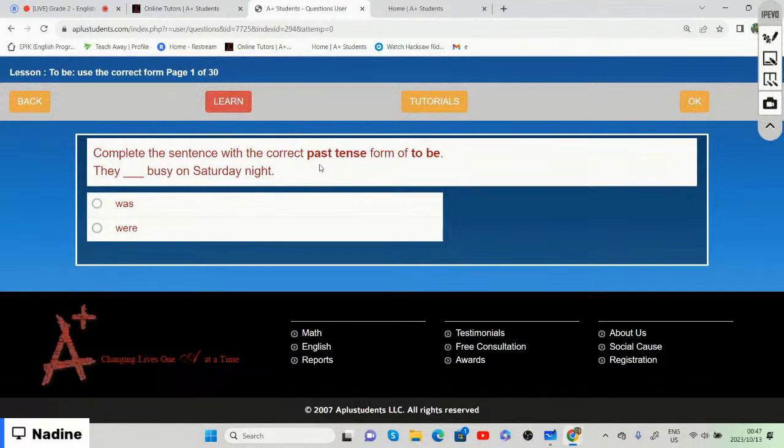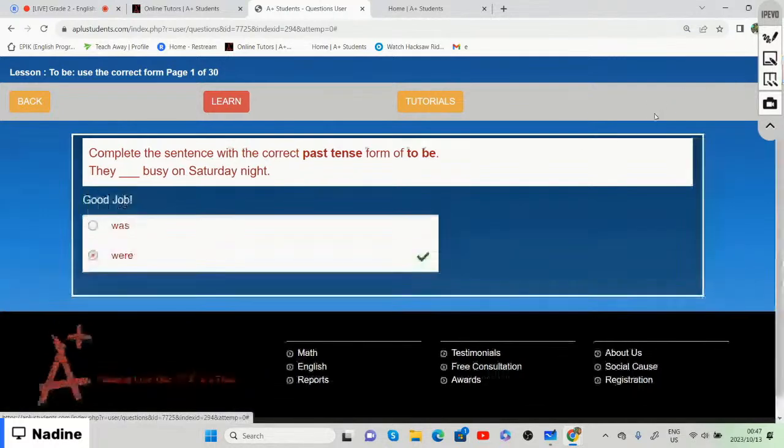Do we say they was busy on Saturday night or they were busy on Saturday night? So if we refer to it being more than one person, then we can say they were busy on Saturday night.